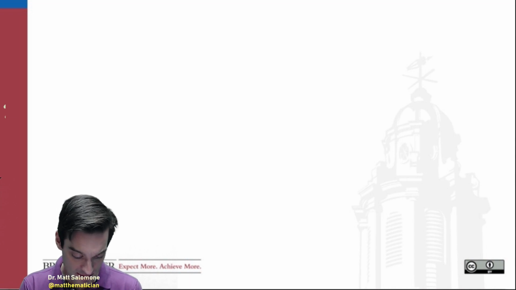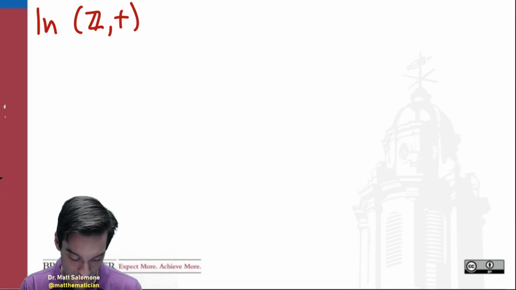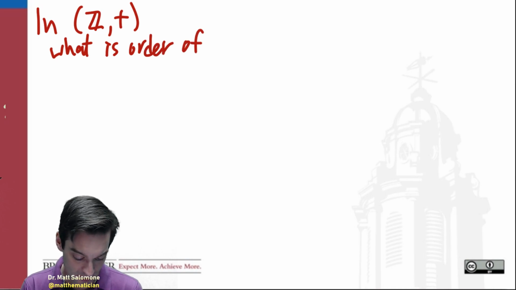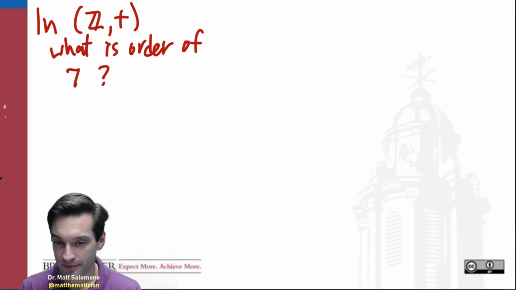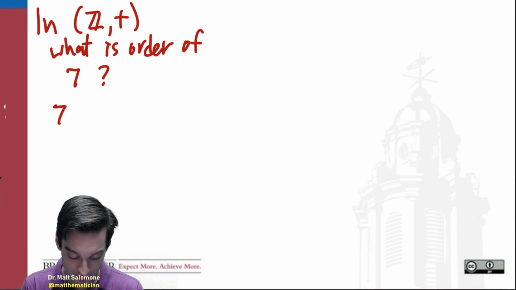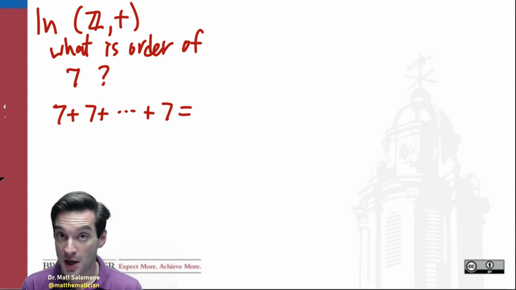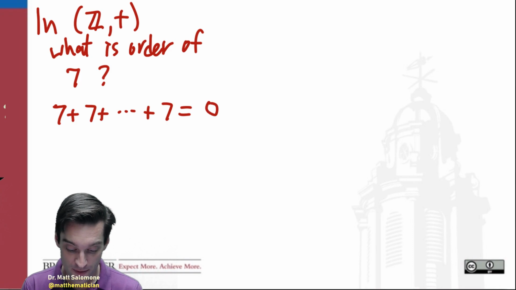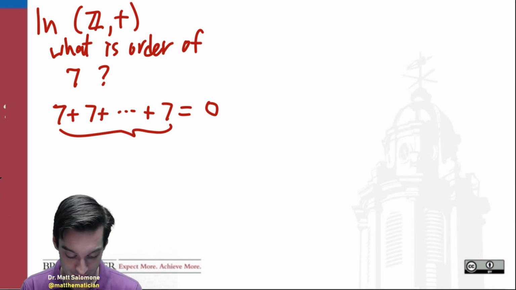So let's say in the group Z+, what is the order of, let's pick an element like 7? Well, this is an answer to the question, how many times do I have to add 7 to itself before the result comes back around to the identity element of this group? But the identity element of this group is the number 0.